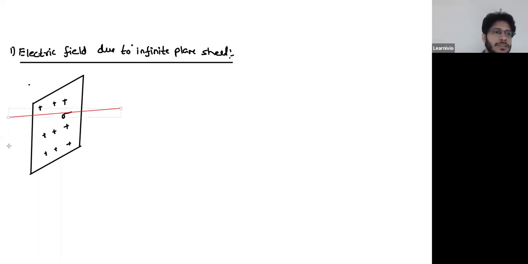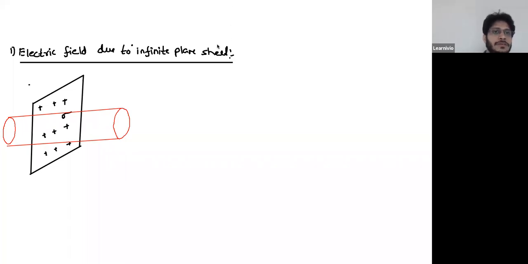For a sheet, it's a plate. The Gaussian surface should be cylindrical for the sheet.